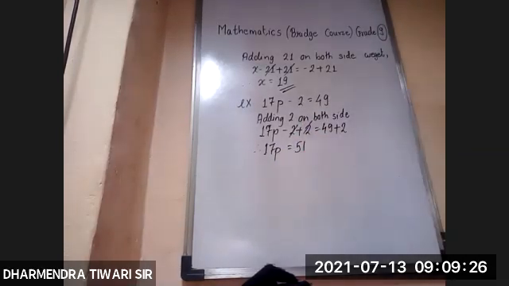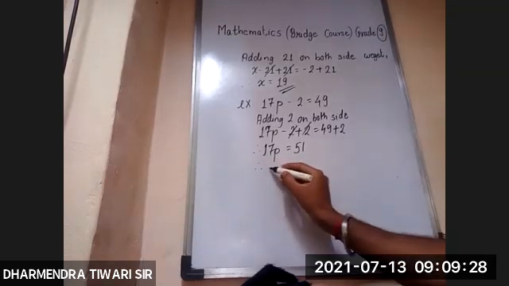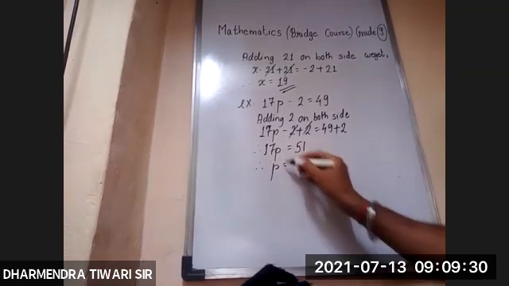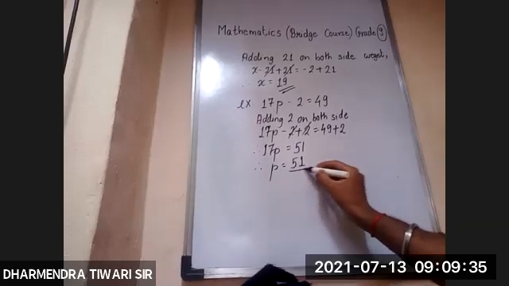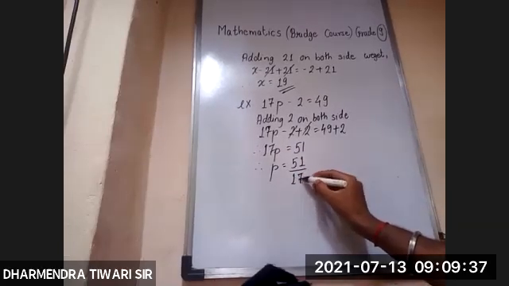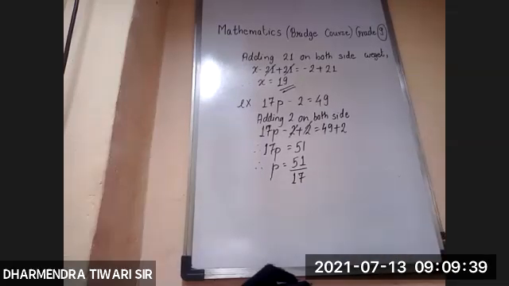So you can write this as p equal to, we can take the 17 in the denominator. How did you get this? You got this by dividing by 17 on both sides.